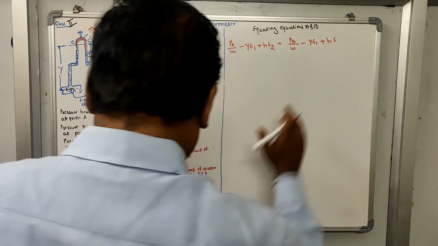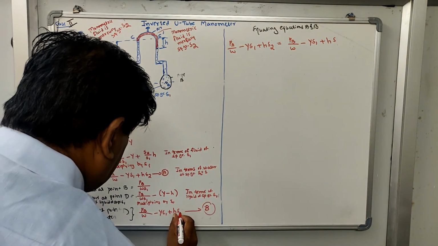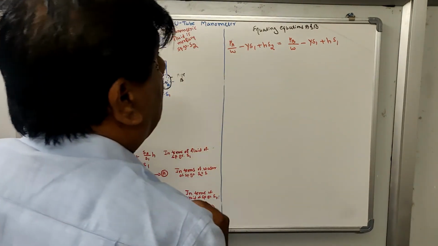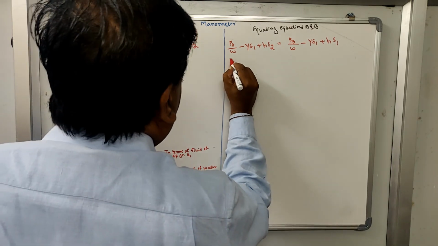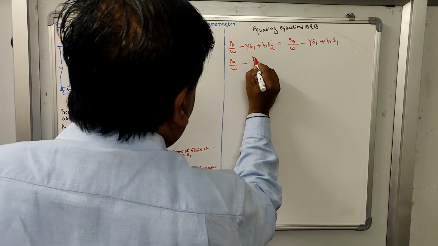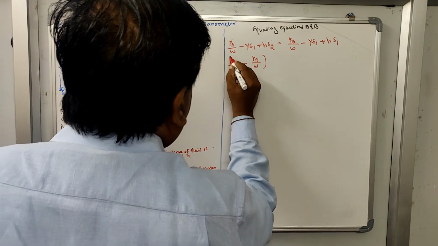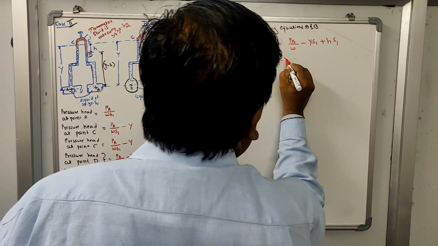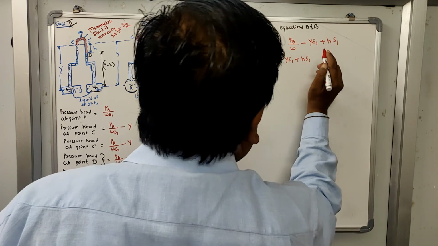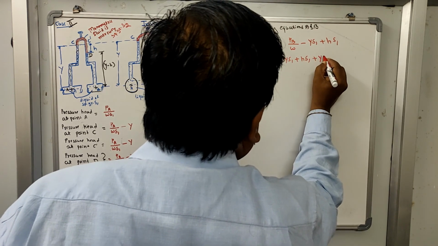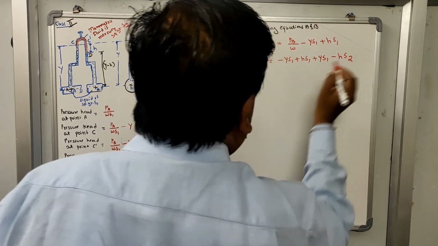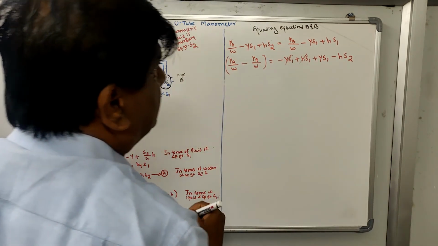Sorry, this is HS1, this is HS1. So now PA by W, taking PB by W to the left, is equal to minus YS1 plus HS1. Taking the other terms to the right-hand side, it is plus YS1 minus HS2.